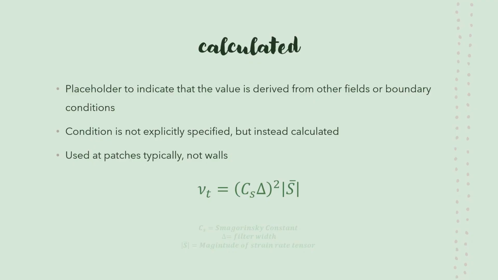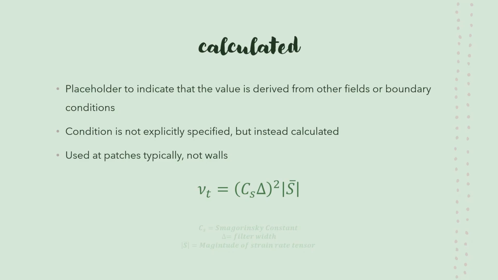You're not telling the solver that this value exists at time t equal to 0. Rather, you're saying, hey, Mr. Solver, you have to go back to your turbulence equations, understand how this particular value is getting solved in these regions, and take that value and patch it on top of these boundaries wherever I've specified it.